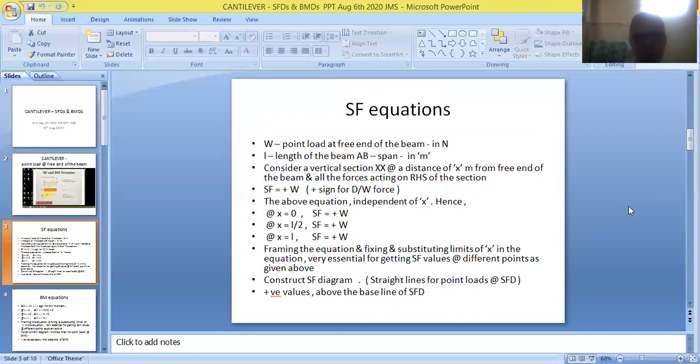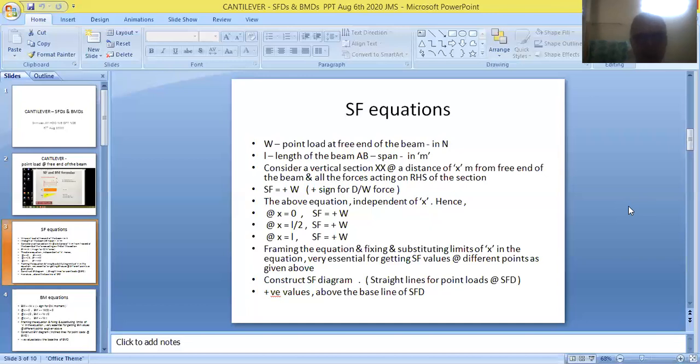It is called the span of the beam, and it is expressed in meters. And as discussed just now, we have to consider a vertical section xx at a distance of x meter from the free end of the beam.